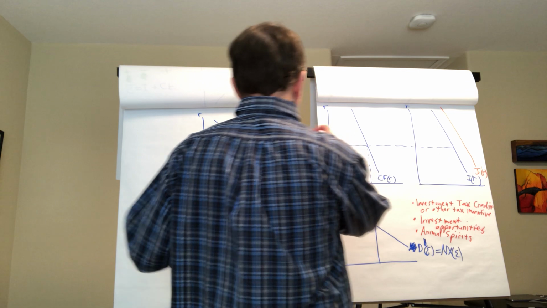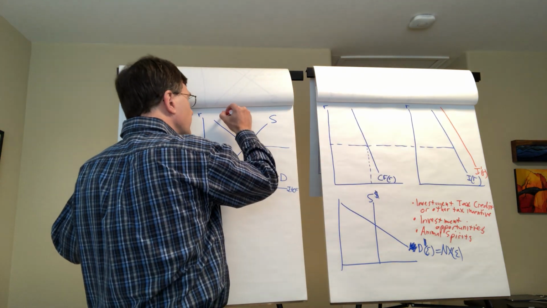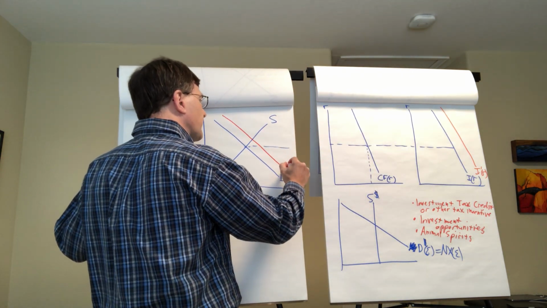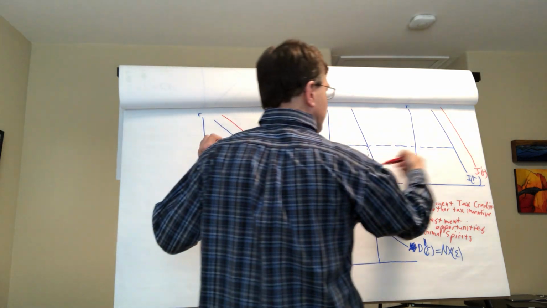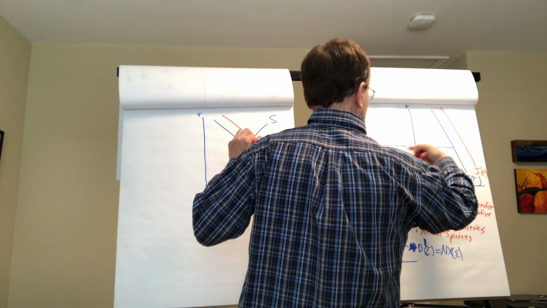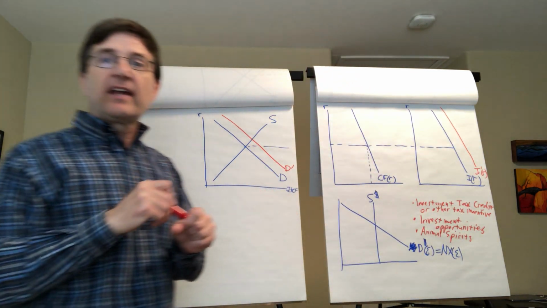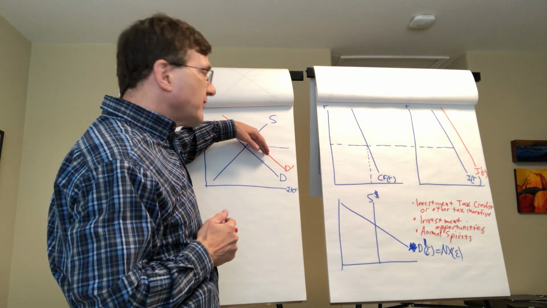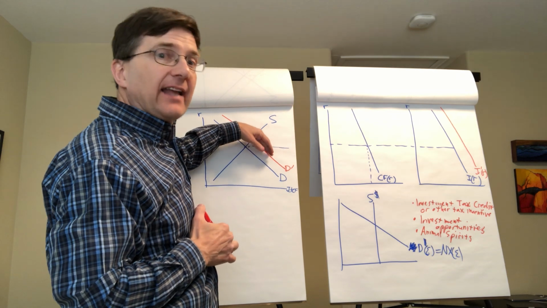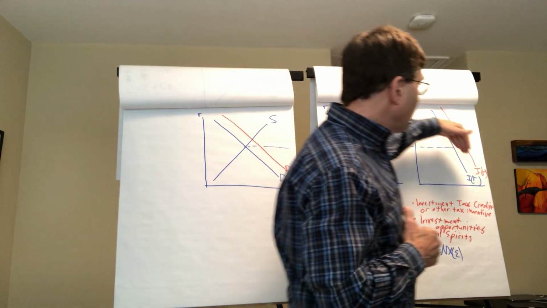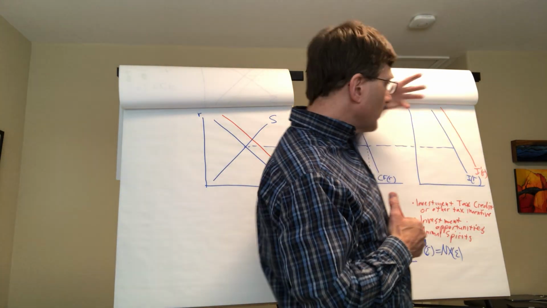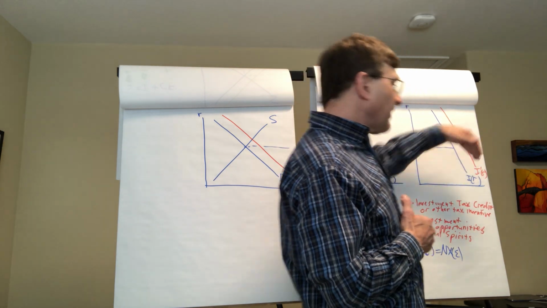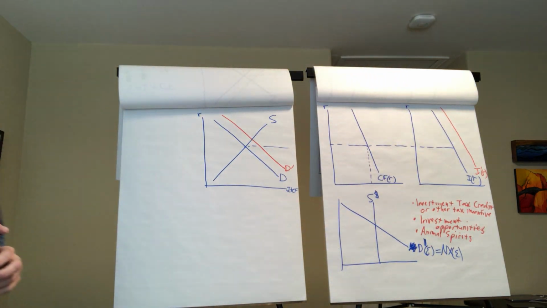First thing we've got to do is to shift out the demand for loanable funds, because that's the horizontal sum of these two curves. And if you forget to do that, you're not going to get the right answer. Again, this demand for loanable funds is not allowed to move unless one of these two curves moves, or one or both. And of course, in this case, the investment curve shifted out.